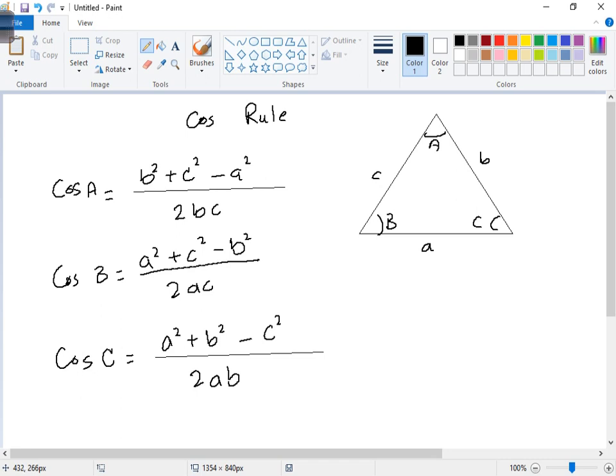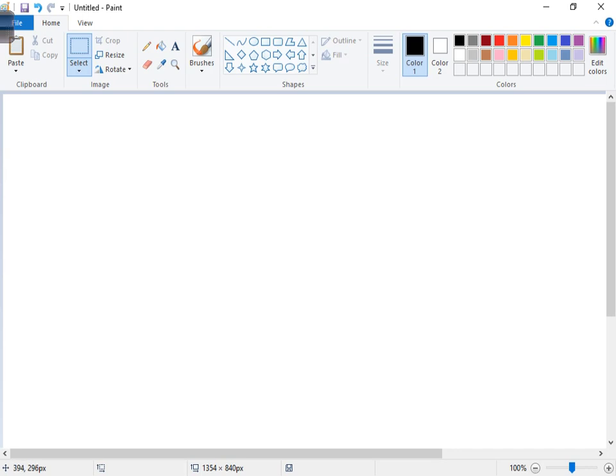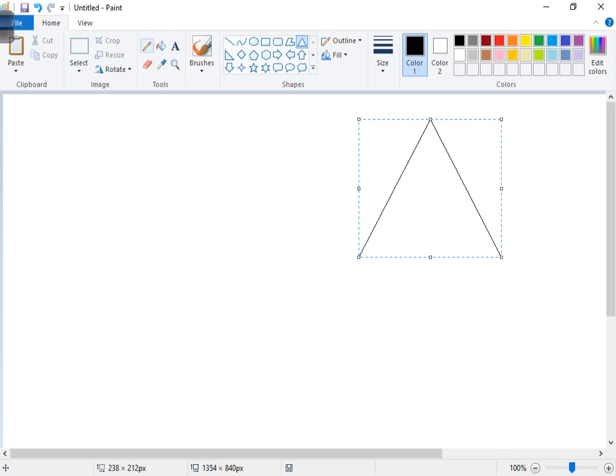If we memorize them, we will be able to work out questions like this. Let's have one of the questions. For example, if we have this side 11 centimeters, this is X, this one 8 centimeters, and the angle here is 71 degrees, and they ask to find the missing side.